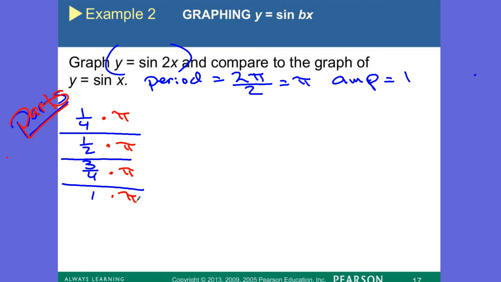Let's see what we get here. Pi over 4, pi over 2, 3 pi over 4, and my last one is just pi.